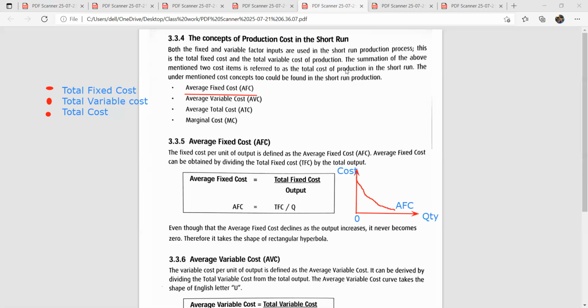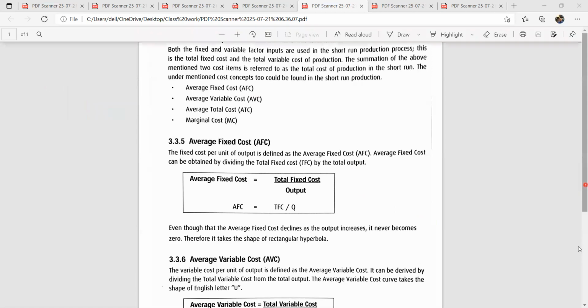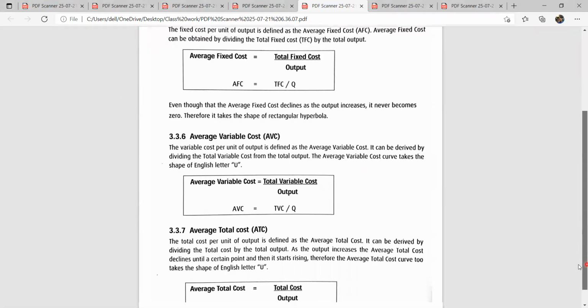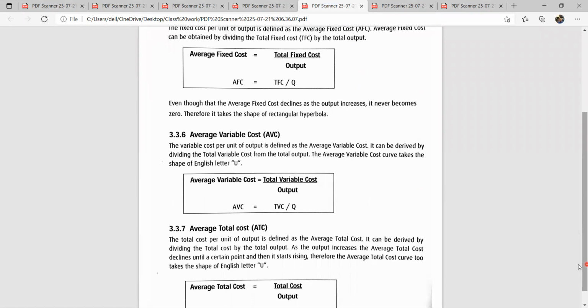After this, average variable cost. So the average variable cost means variable cost per unit produced. Earlier I mentioned the second point, total variable cost: simply the cost on variable resources that does vary with the level of output.